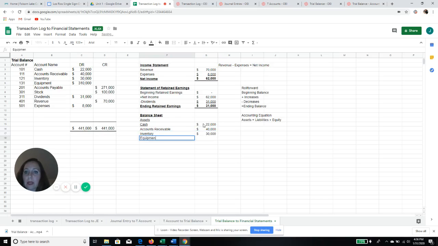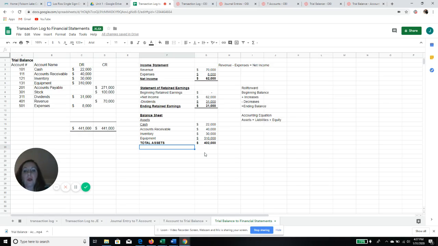And equipment, which is $310,000. I'm getting all of these numbers from my asset accounts in our trial balance. Okay, so those are all of my assets. So then I'm going to type in total assets. And I'm going to add up my assets. And when I add them up, they equal $402,000.